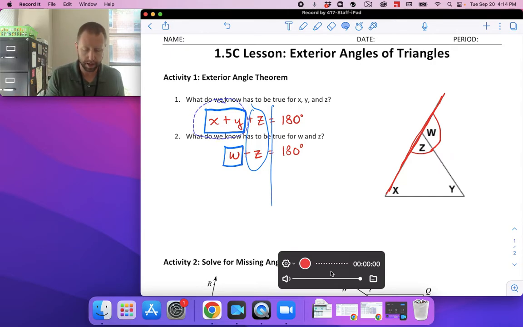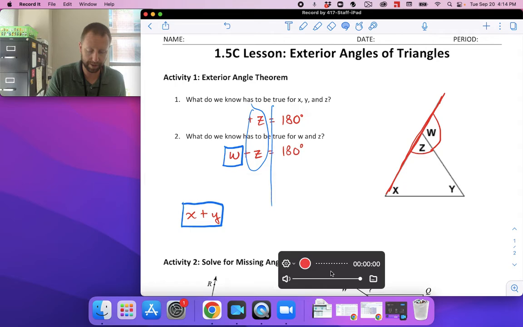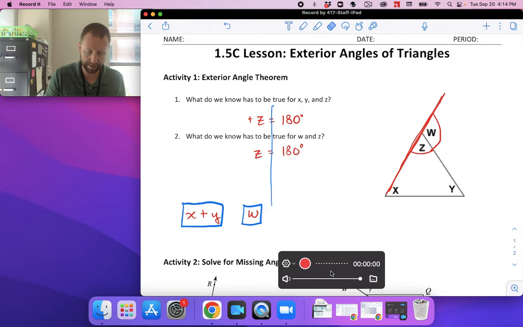You can't have that. So really, what we're taking away from this, I'm going to deconstruct my equation here, is these two pieces right here. Let's erase that, we don't need that. They have to equal each other. X plus Y has to be the same thing as W. That has to be true. Let me fill this back in.